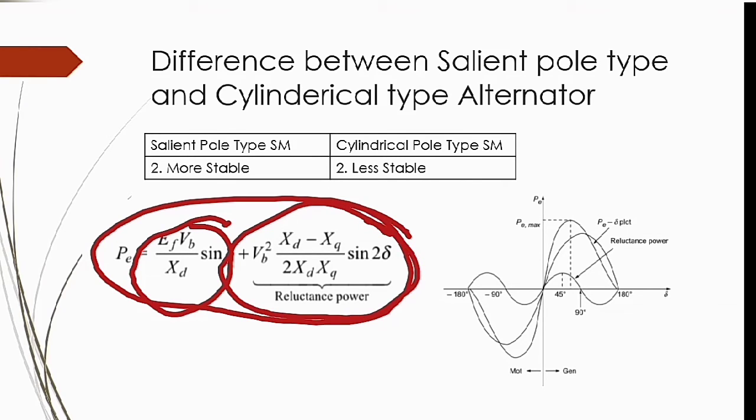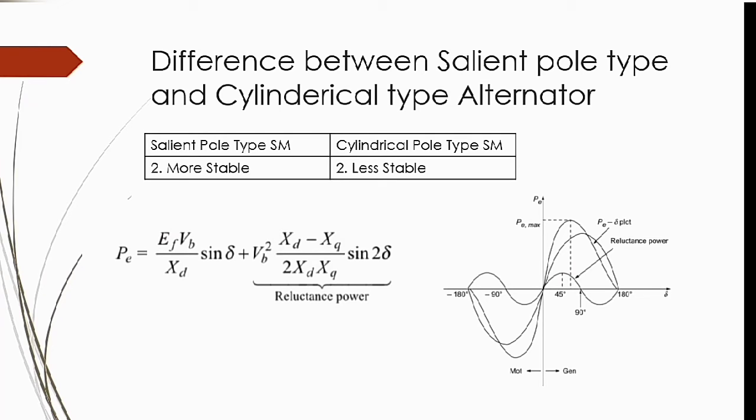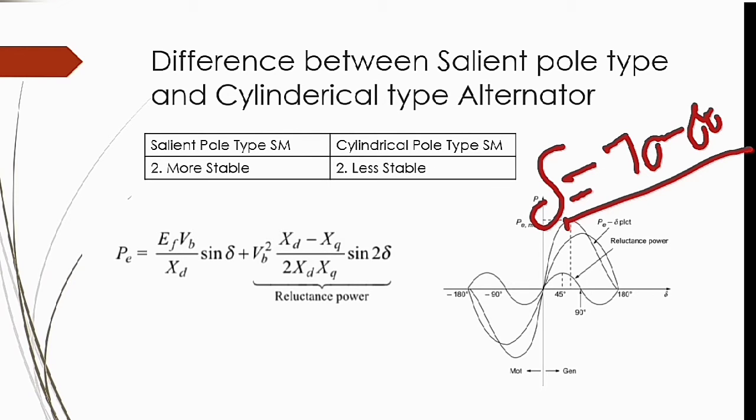So due to this we will get a higher power stability limit, that's why it is more stable. So through this you can also explain the previous things. Okay, why is it more stable? Because within, you can say, delta between 70 to 80 degree, the value of delta, you will get the maximum power.